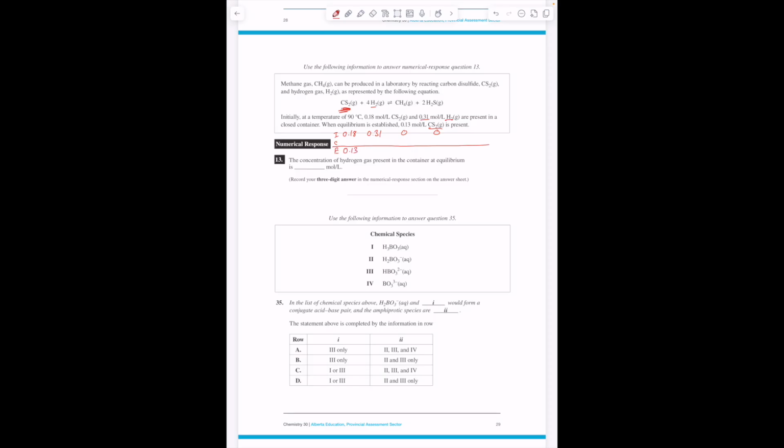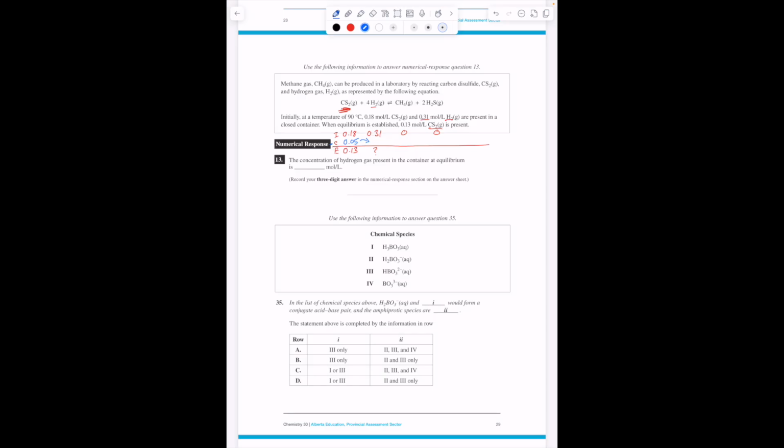Okay. What do they want to know? The concentration of hydrogen gas at equilibrium. Oh, okay, so they just want to know what's this number. So we're going to try to find that number. If I have my initial number, the 0.18 and the 0.13, I can just subtract those and I get 0.05. And then I'm going to convert this number over to that number by using required over given.